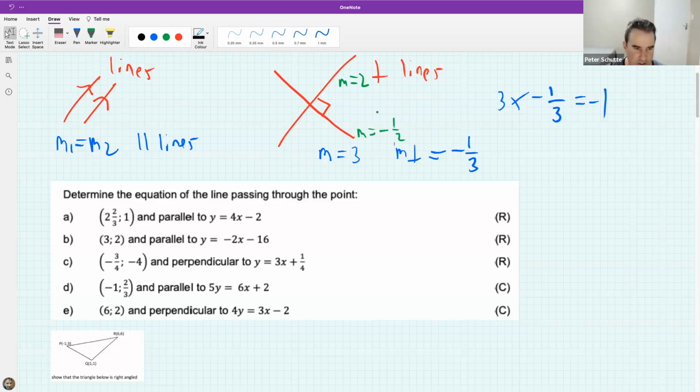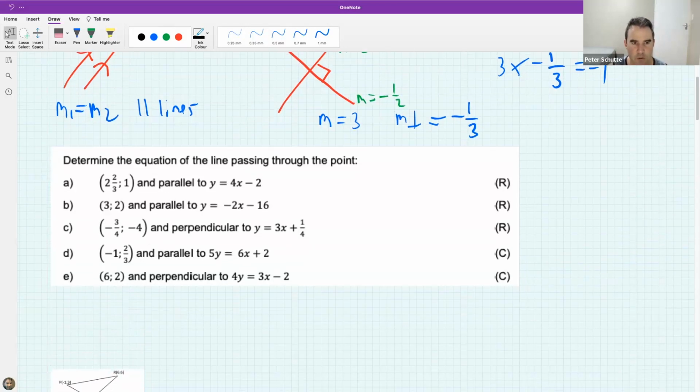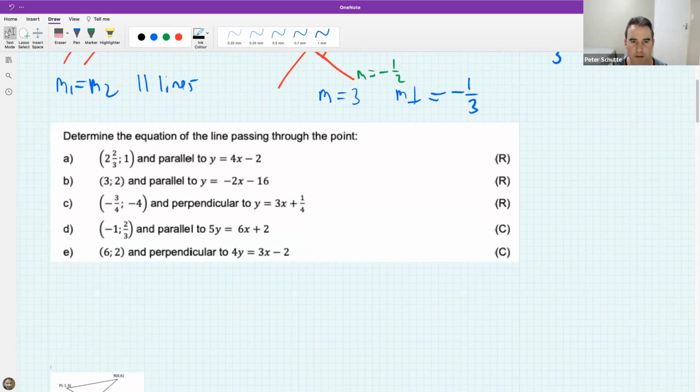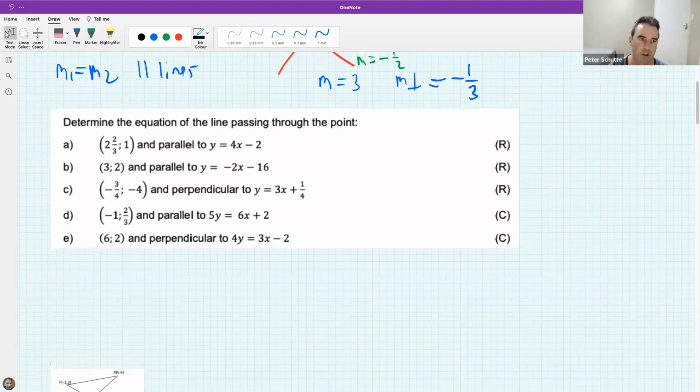Now, just to check that you're okay with this idea, I want to combine it with the idea of straight lines. So here is a question that we're going to do together, and I'm going to ask you to only do some of them. It says, determine the equation of the line passing through the point and is parallel to this line.